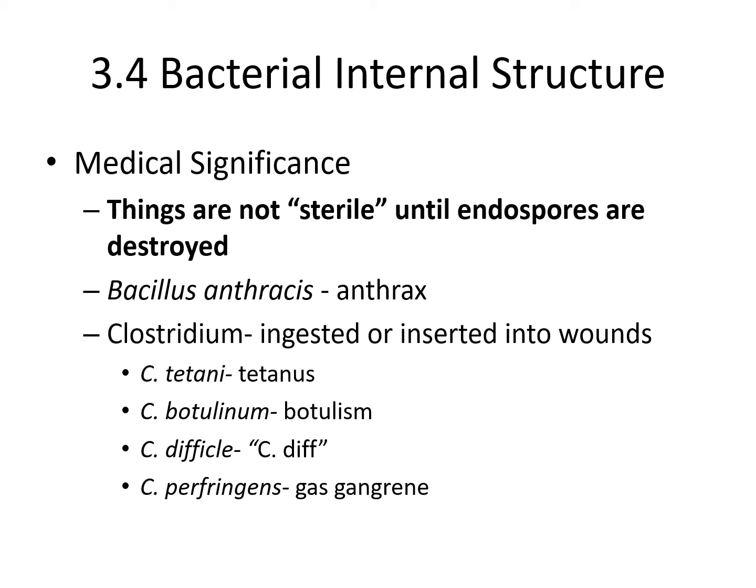Also, the Clostridium genus, and the different species. Tetanus, which is a spastic paralysis caused by Clostridium tetani. You ingest the spores. This was a big problem early on with home canning. Home canners weren't able to get the temperature and pressure high enough to not only kill the vegetative cells but destroy the Clostridium tetani spores.